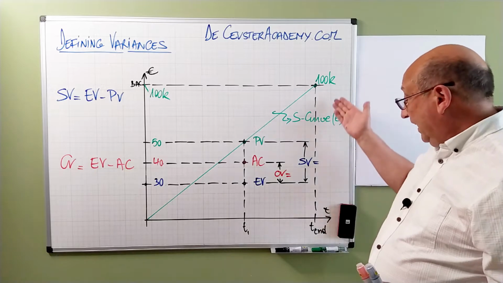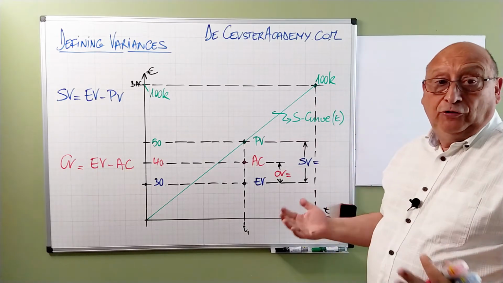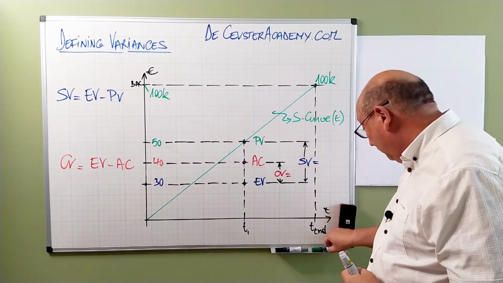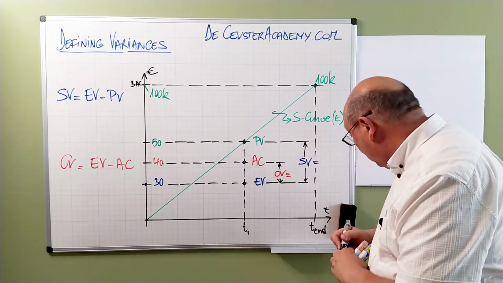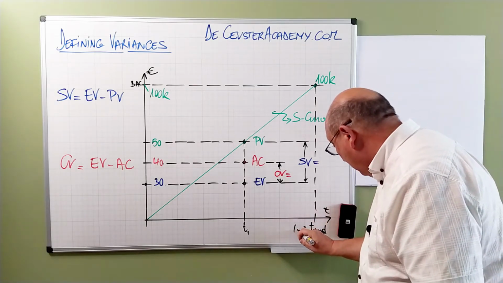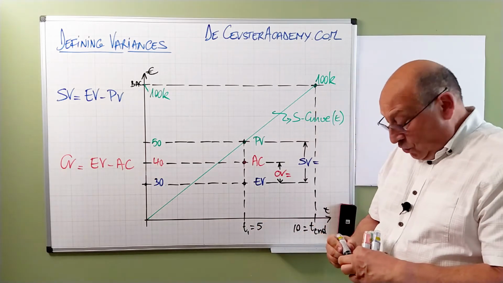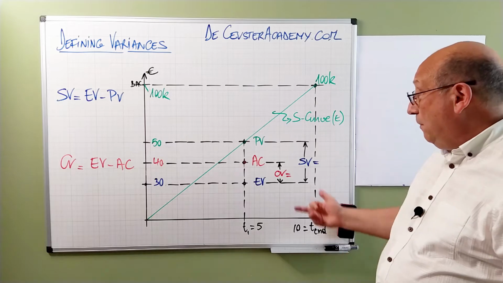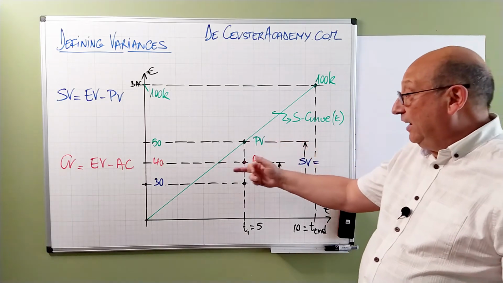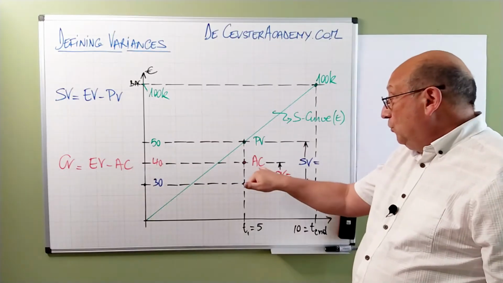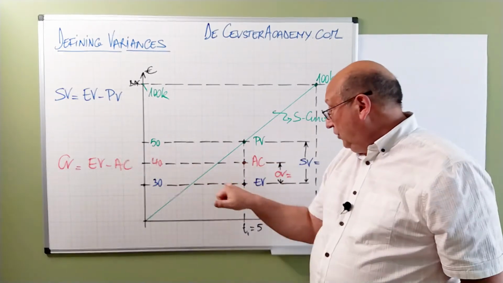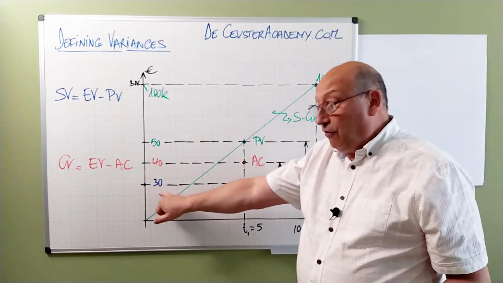We have 10 widgets, which are finished after 10 weeks. And I look at the position after 5 weeks. We already know from the previous example that after 5 weeks the planned value is 50. We had an actual cost of 40 and an earned value of 30.